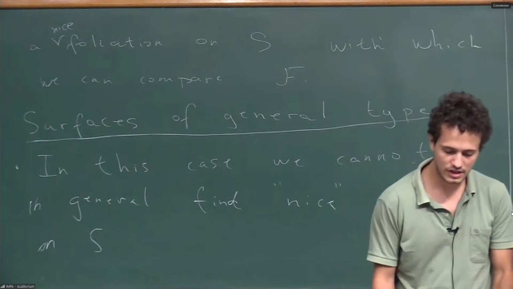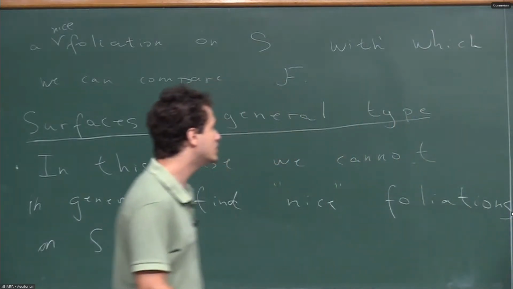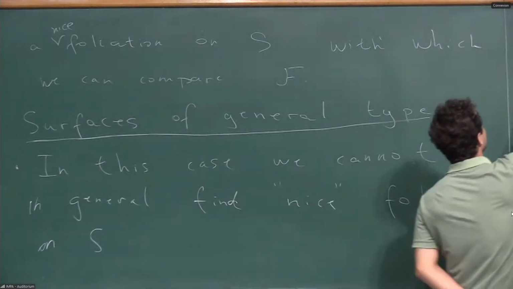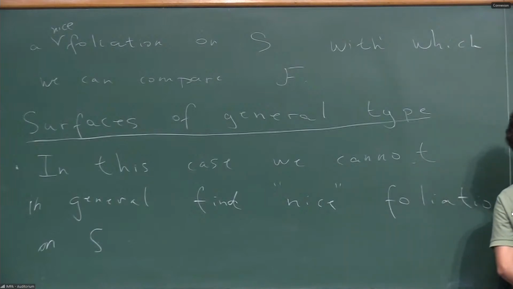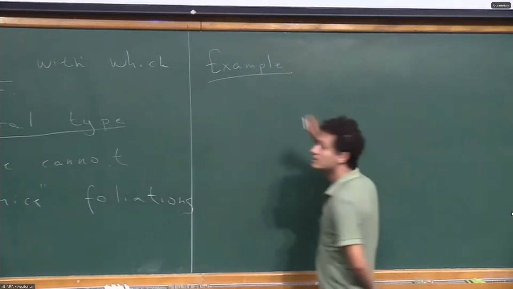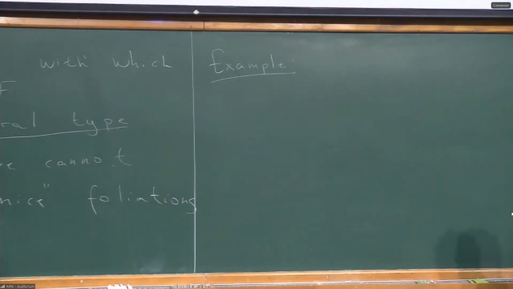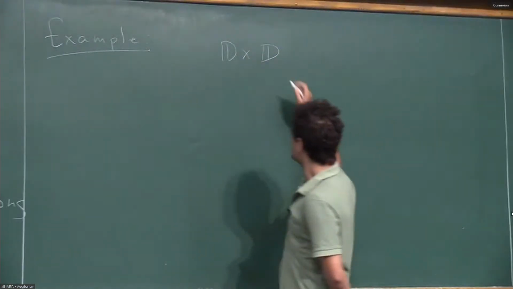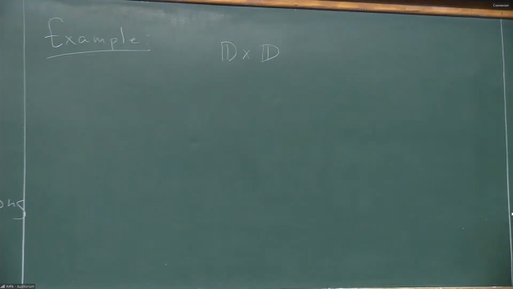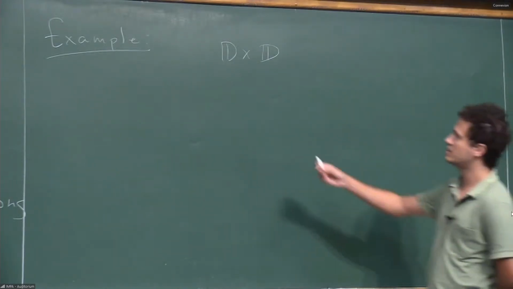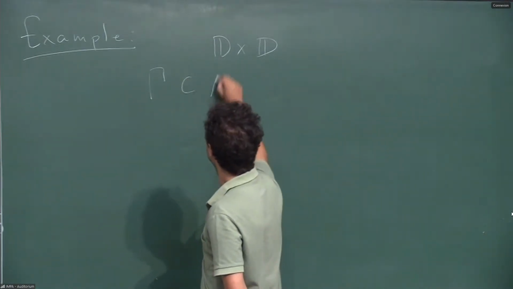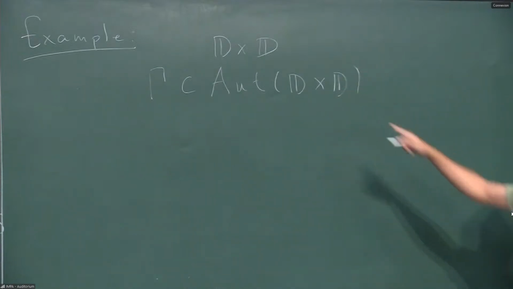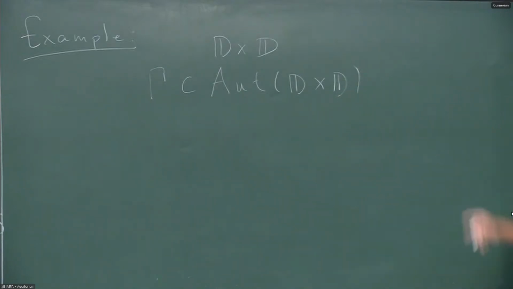For this, let me give an example of a regular foliation on a surface of general type. So let's consider the bi-disc in C2 and consider a lattice inside the automorphism group of the bi-disc.